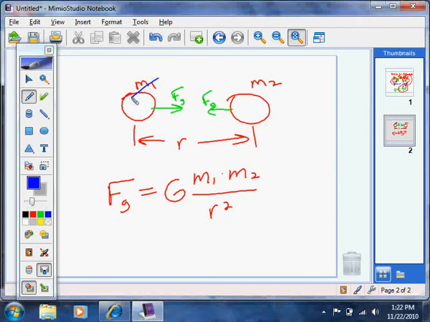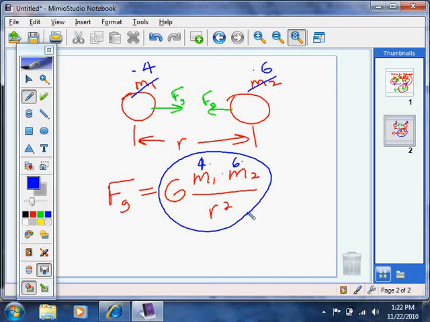Let's say this mass was replaced with one that was 4 times bigger, and this one was replaced with one that was 6 times bigger. Yes? Well, if this mass is 4 times bigger, this one here is 6 times bigger, and you multiplied all those numbers out, that right-hand side would end up being 4 times 6, 24 times greater than it was before. So whatever Fg was before, now it's going to be 24 times Fg. 24 times greater. You catching on how to play this game?